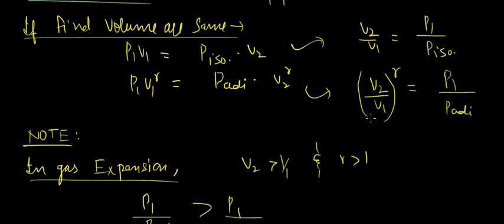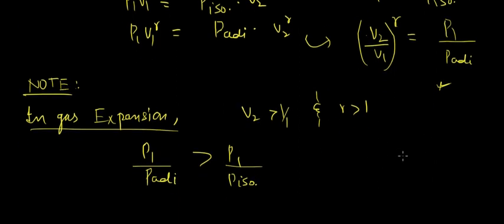We are just comparing the ratios here, so V2 upon V1 is the common part here, and as gamma is greater than 1, this value would obviously be taken in exponential power, so this term would be more than this term.